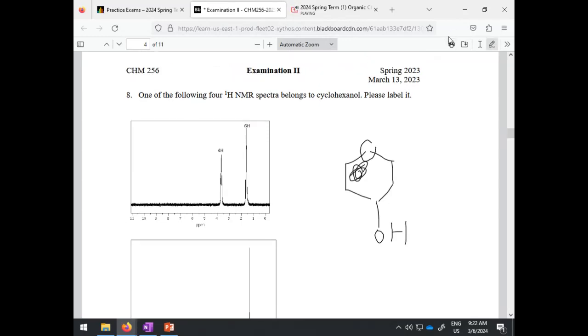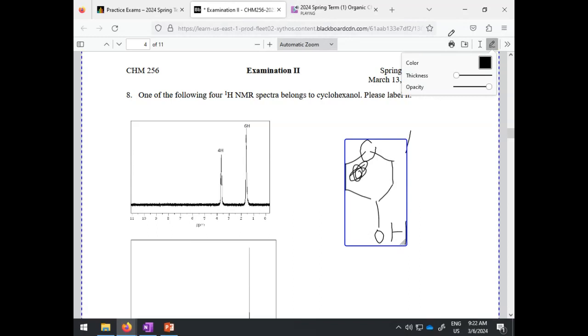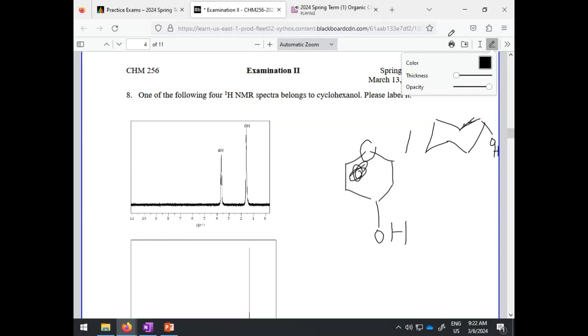But to be honest, cyclohexanol may be slightly more complicated because of the chair conformation. You could have a few types of protons, at least three to four types.